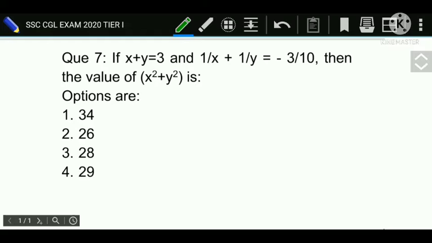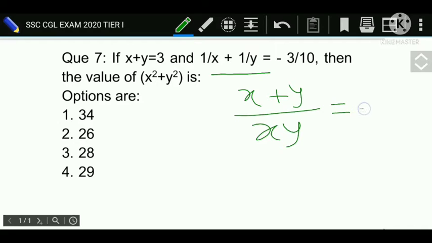So here we will check from here. 1 by x plus 1 by y. So the LCM will be x and y, and on the numerator side this will be x plus y upon xy equal to minus 3 by 10.